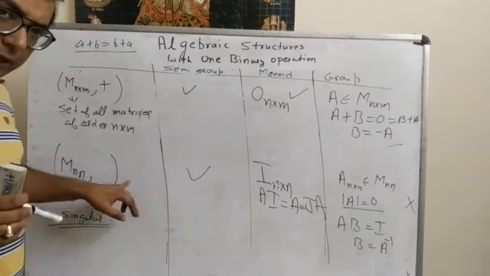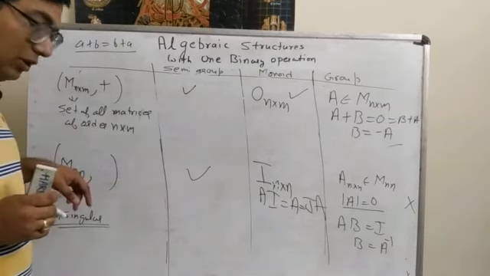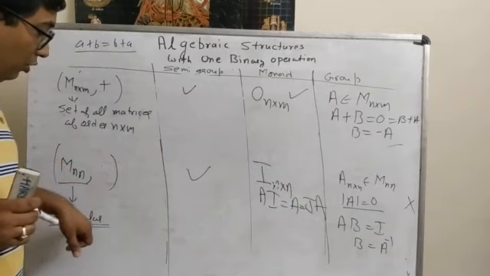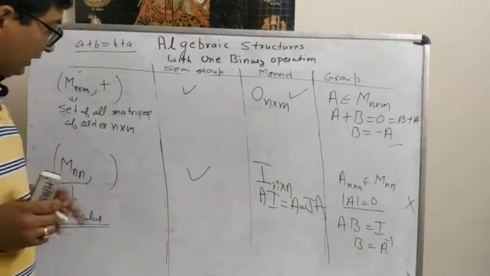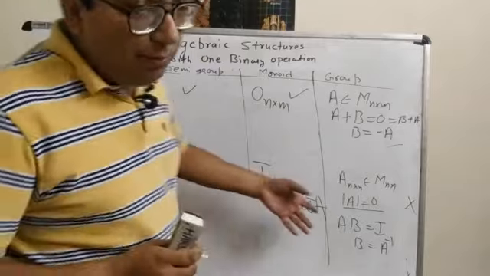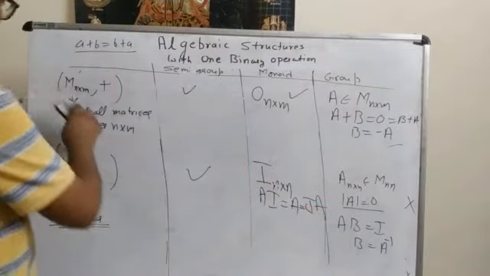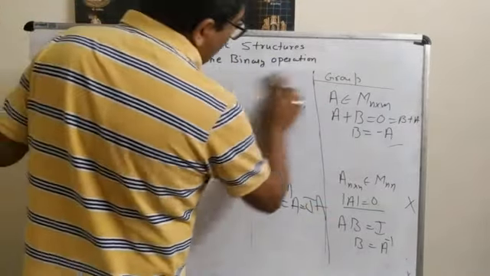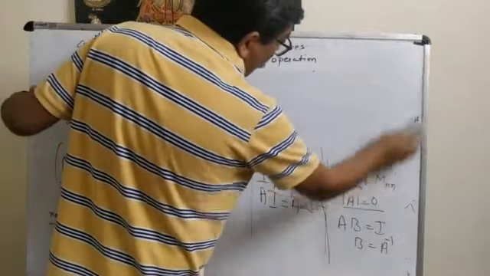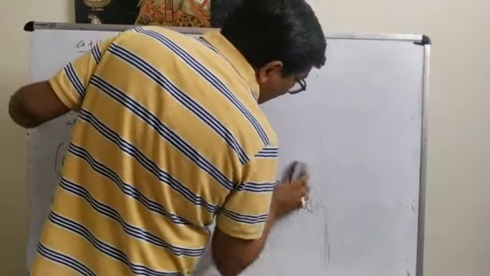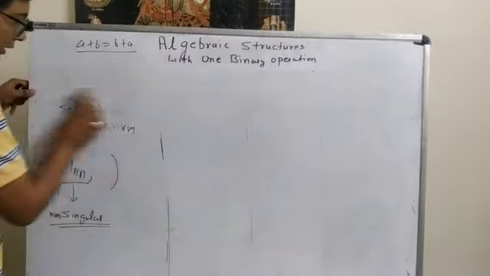But if we add one condition, that these are non-singular square matrices, then this particular algebraic structure will become a group. Now let us discuss two more algebraic structures and see whether they are groups or not.